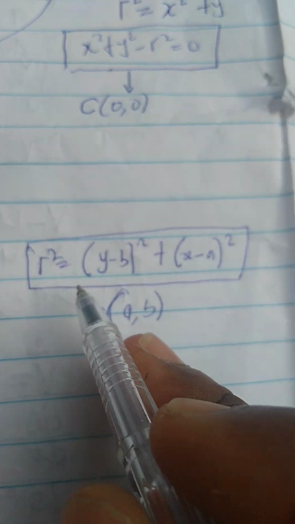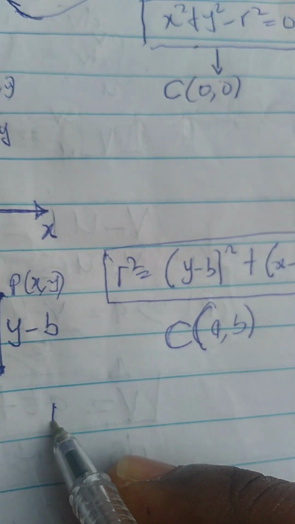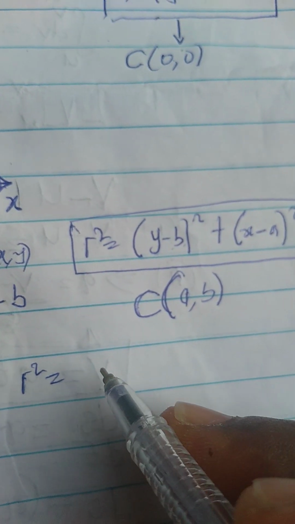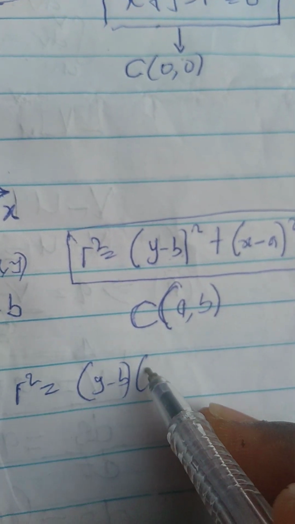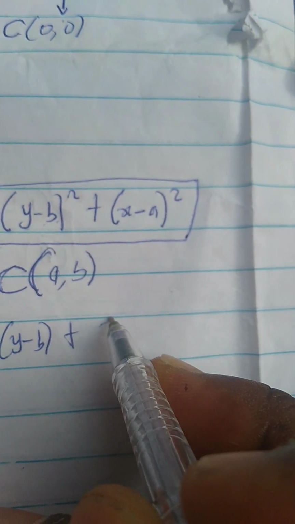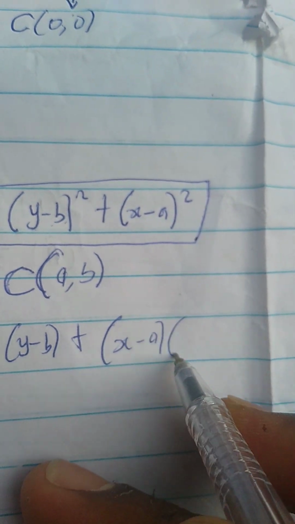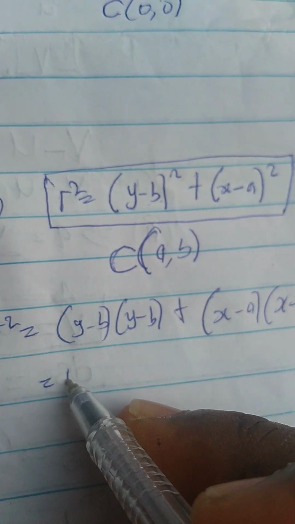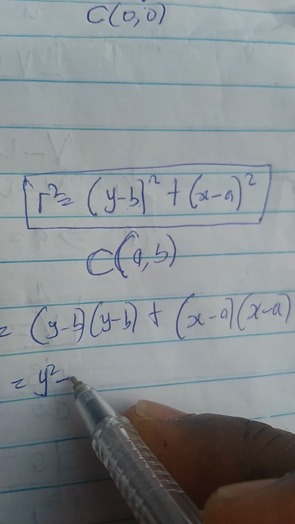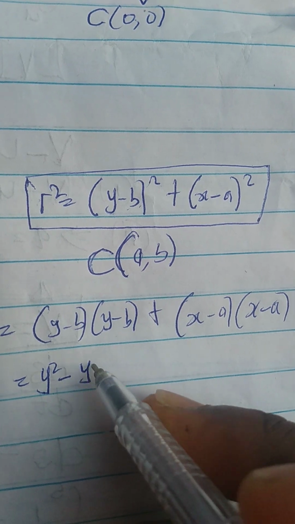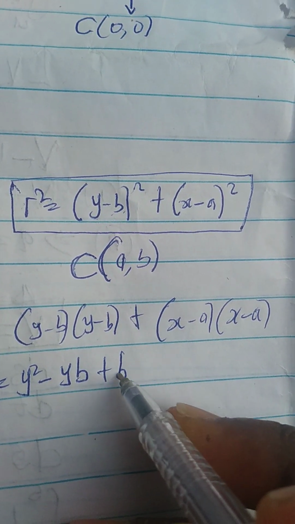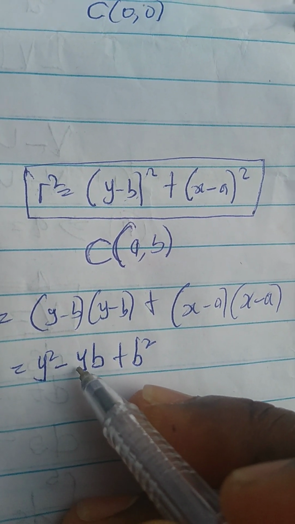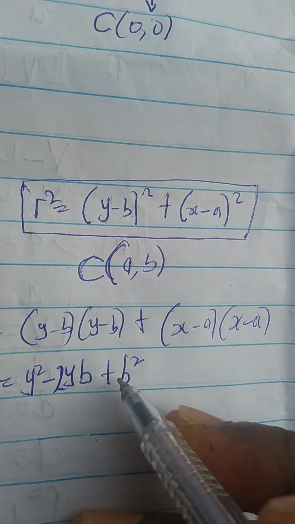Now, if we expand this expression, we have r squared is equal to, expanding (y minus b) raised to power 2, which means you multiply y minus b by itself, then plus you multiply x minus a by itself. By opening this bracket, we are going to have y squared minus 2yb plus b squared.